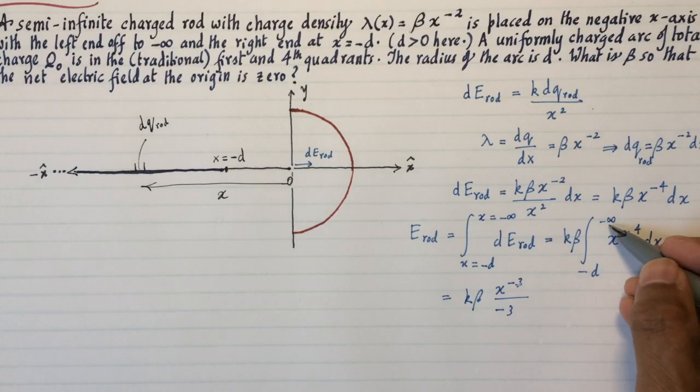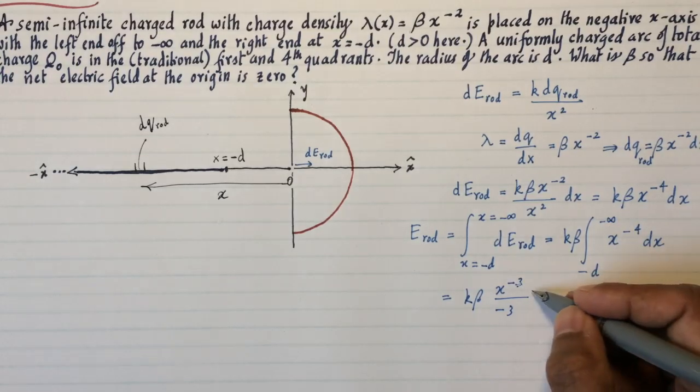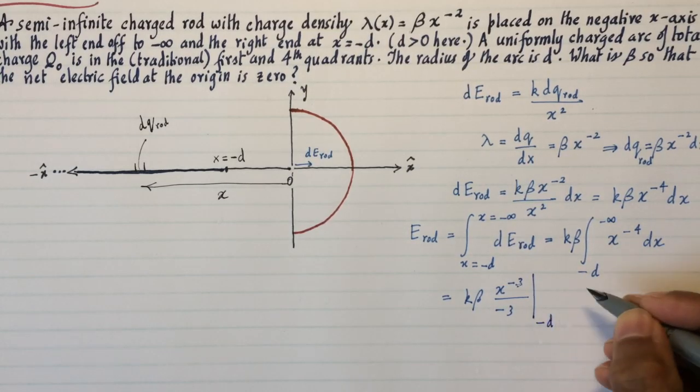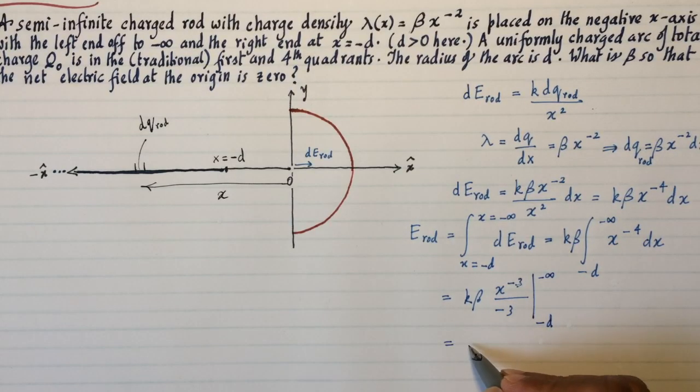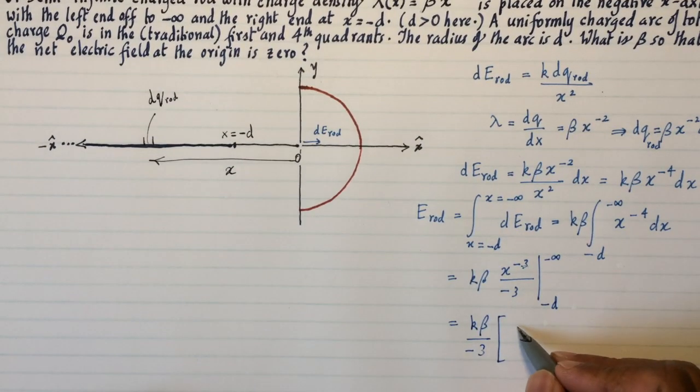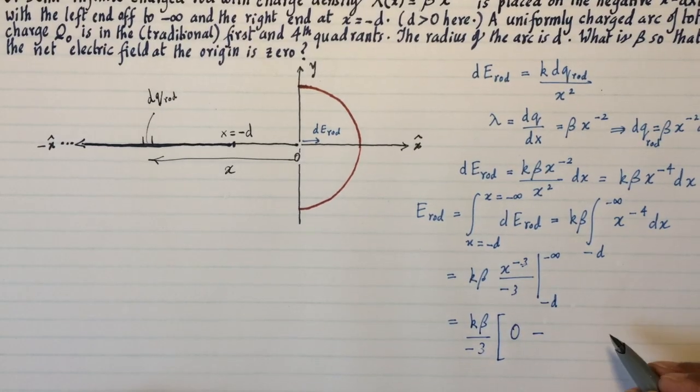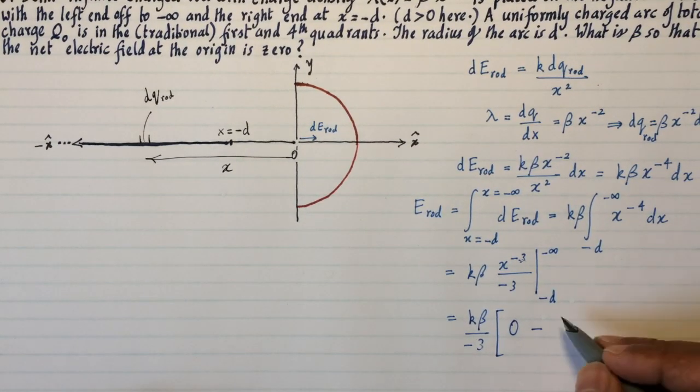For infinity, let me just go ahead and literally try to substitute and see what happens. If nothing happens, then I won't say anything. So it's k beta over minus 3. The upper limit is going to be 1 over negative infinity cubed, which is 0. You can be more careful here and write it as a limit and so on. I won't bother.